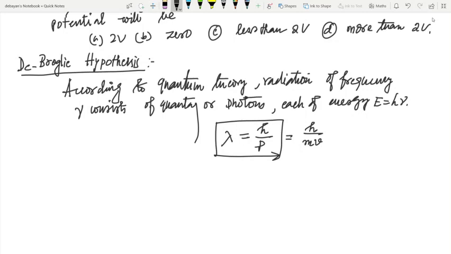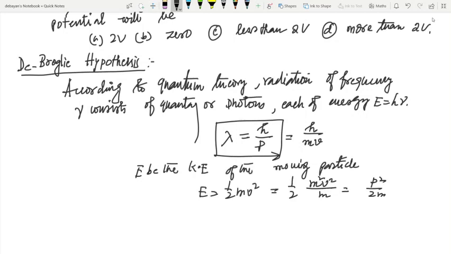Now, if E be the kinetic energy of a moving particle, then we know that E equals half mv square, or you can write it as m square v square by 2m, that is p square by 2m, where momentum p is equal to root over 2mE.